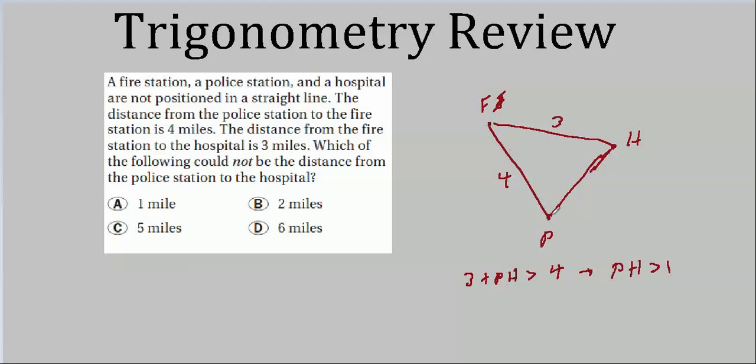Not in this universe. So 1 is just not possible. It has to be greater than 1. That's a strict inequality. If it was greater than or equal, okay, but no, greater than. So this can't happen. The others could work.